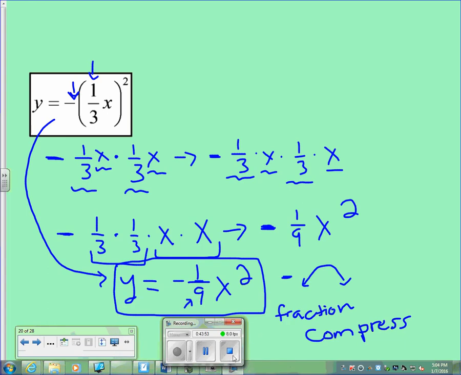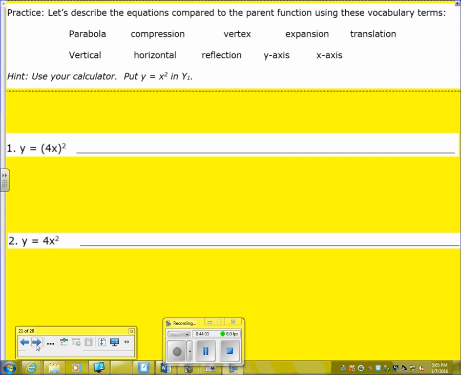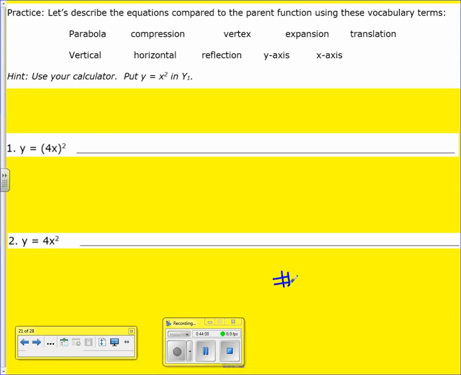It should be almost time to go at this point. So if you have enough time, please look at the last section and look at number 2, number 3, and I want you to describe what's happening with those parabolas.